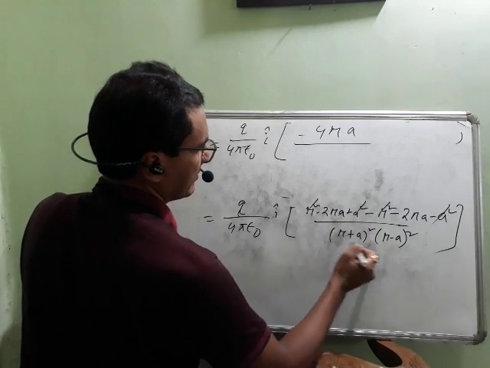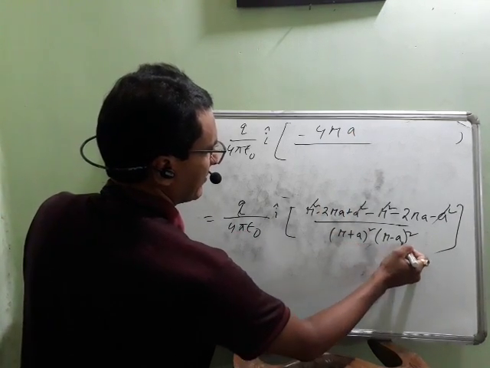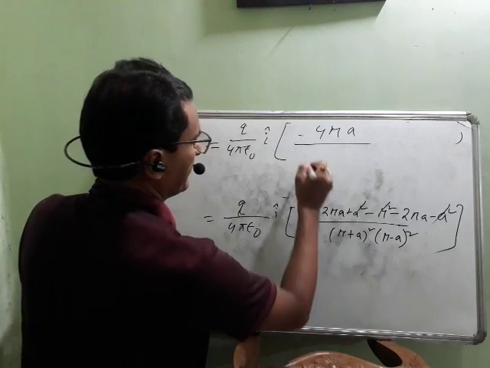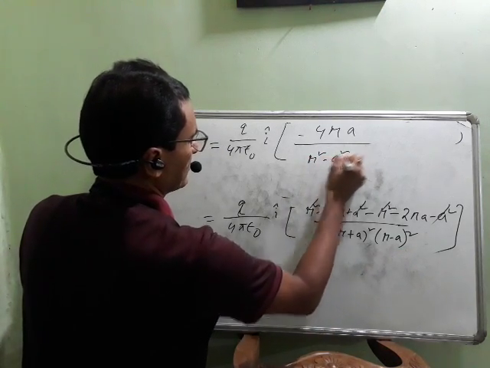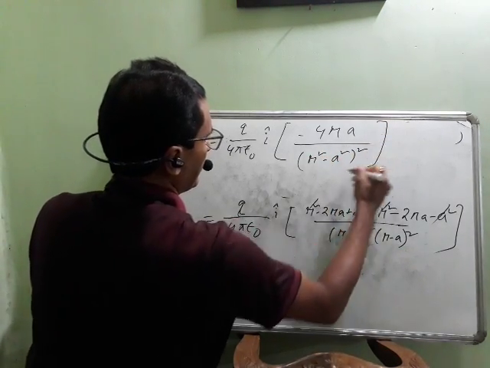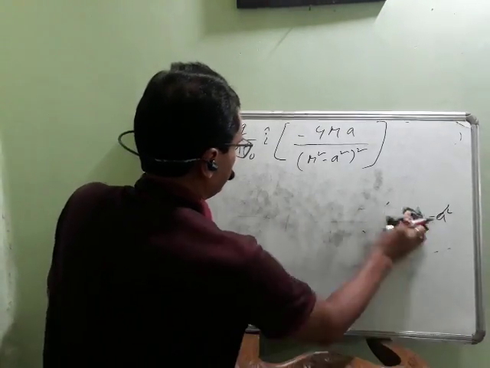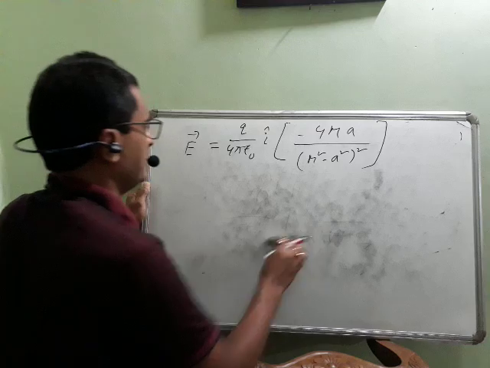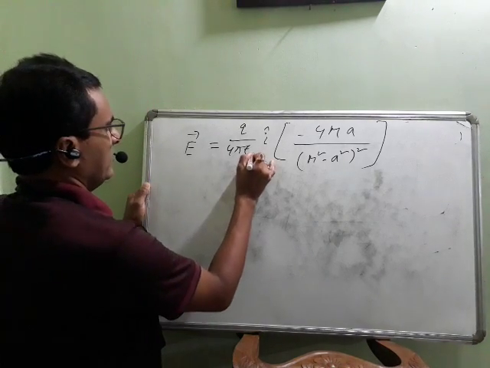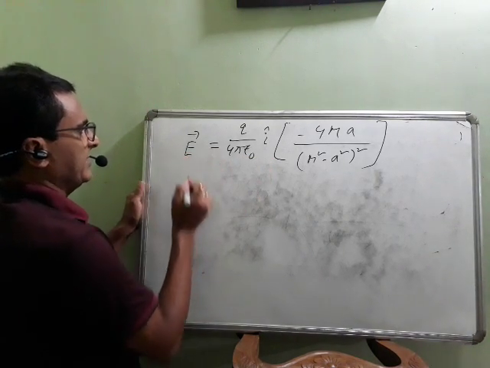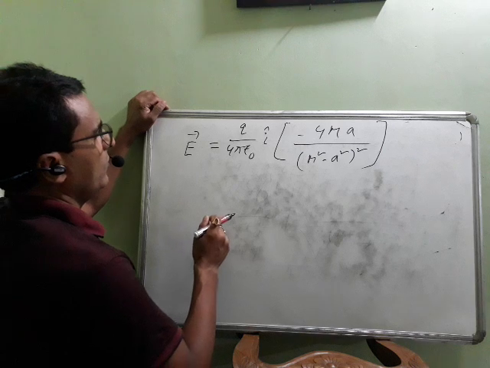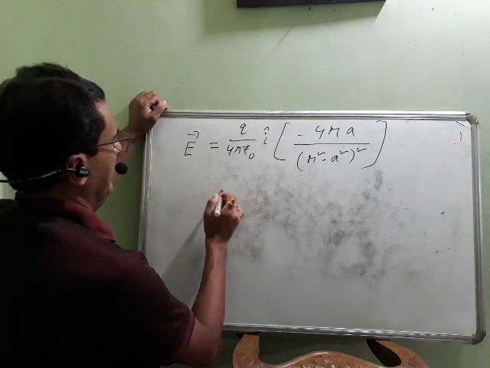What is this? (R plus A) into (R minus A), that means (R square minus A square) whole square. Now arrange it a little so that we can express this in a simpler way.